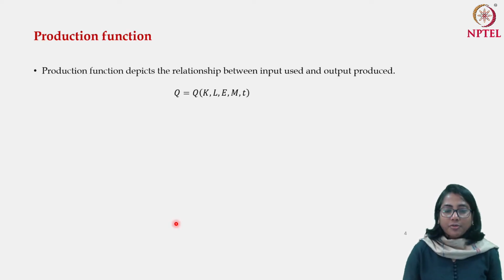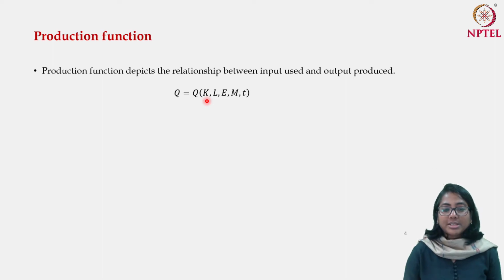So in the functional form, we can write it down as Q = Q(K, L, E, M, T). You can incorporate many other variables here, where Q stands for the quantity of output produced, and this is a function of K, which is capital. It's a short form of capital. In economics, usually K stands for capital and not C, because we use C for cost.